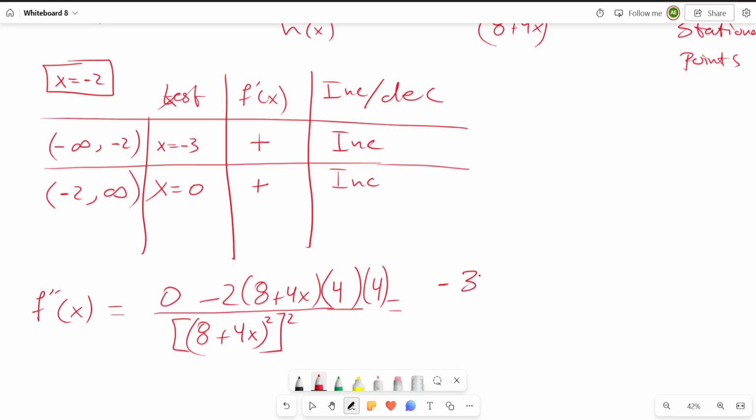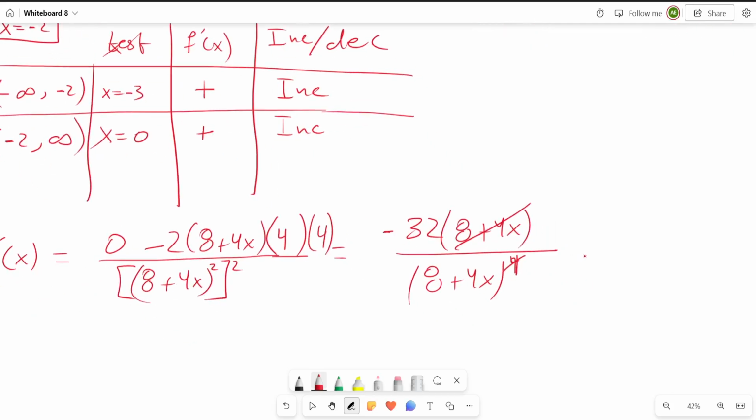So it's minus 32. Then 8 plus 4x over 8 plus 4x to the power of 2, to the power of 2, is basically everything to the power of 4. So over here, I can cancel 1 with these 4 in the bottom. So I'll have a minus 32 over 8 plus 4x to the power of 3.